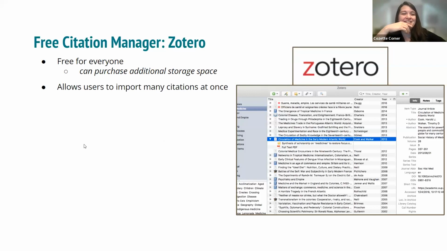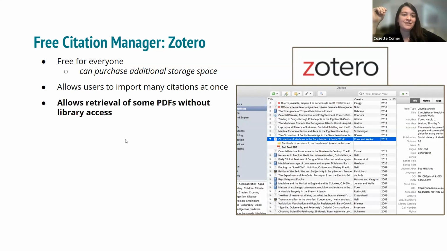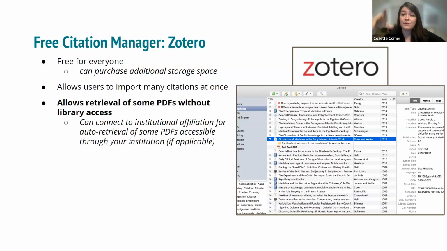It allows users to import many citations at once. And it also allows the retrieval of some PDFs without library access. So I would recommend starting with your citation manager as a space to more quickly gather the PDFs, the full text for your citation list before you start digging manually elsewhere.